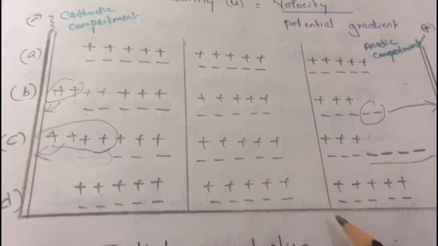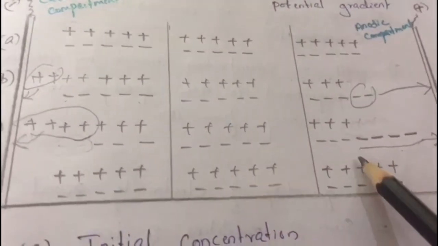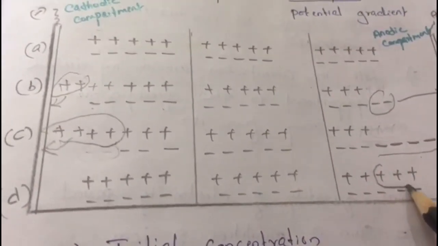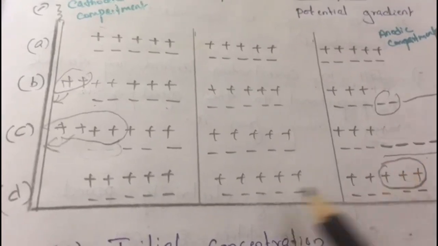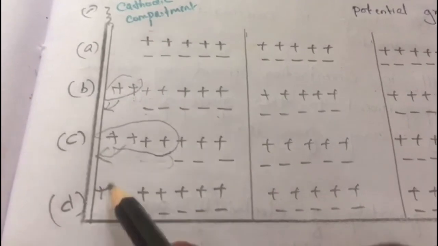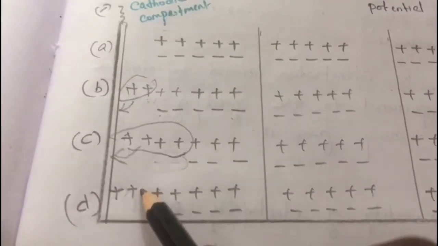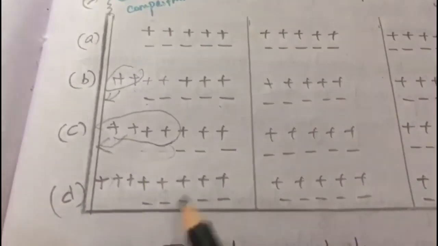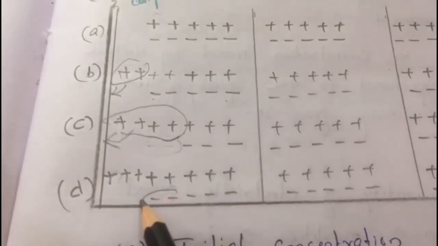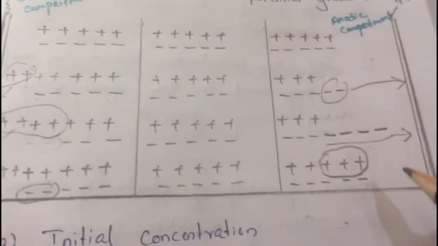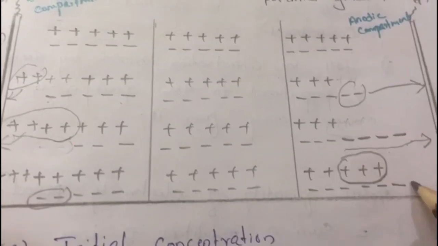That means they both move with different velocity. So 3 cations move from anode to cathode. So we can write here 3 cations, and here 2 anions are moving. So here we will write 2 anions.